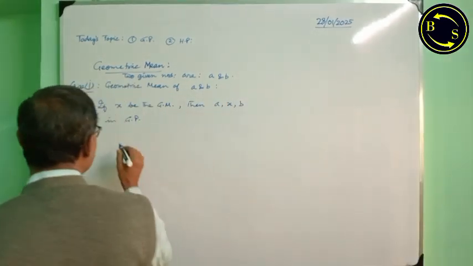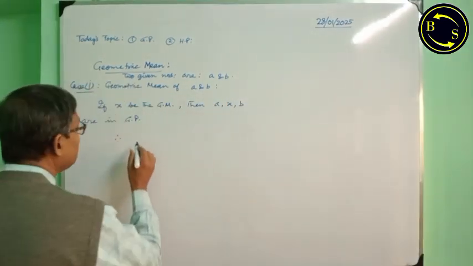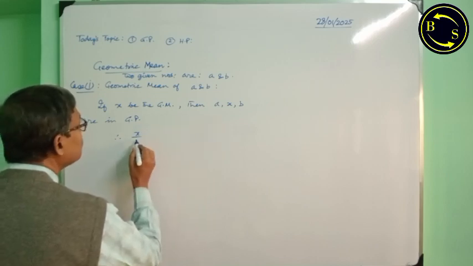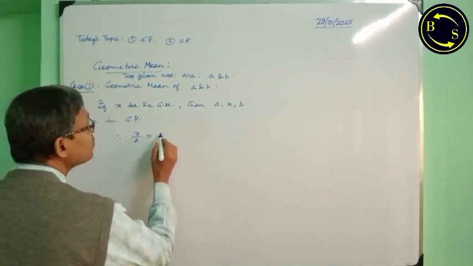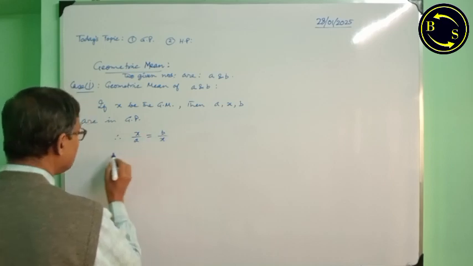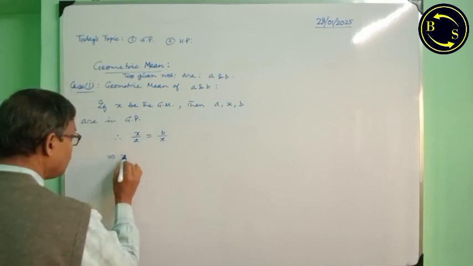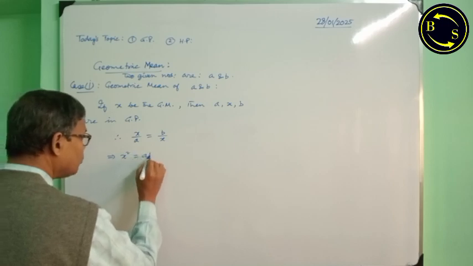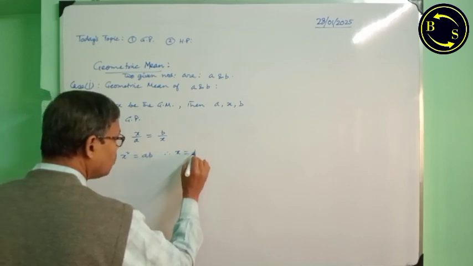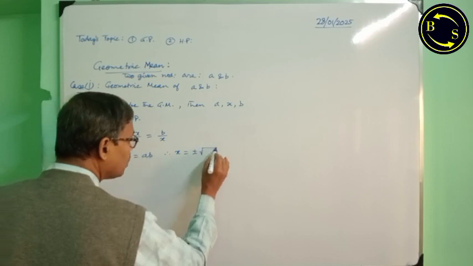Therefore, as per the property, ratio of second and first will be equal to ratio of third to second. From that, x square equals AB. Therefore, x will be equal to plus minus root over AB.